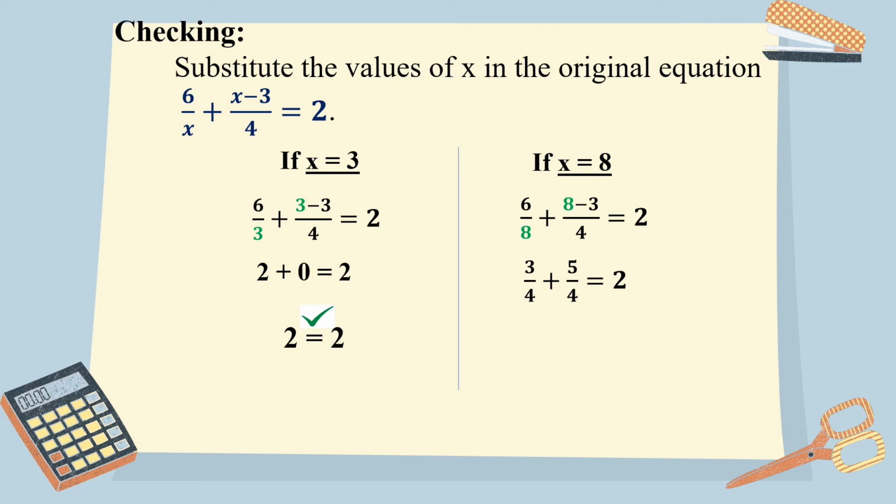Since we have the same value of denominator, we can simply add the numerator, which is 3 and 5. So 3 plus 5 is equal to 8. Then copy 4. 8 over 4 is equal to 2 and that is equal to 2. So both solutions are true.